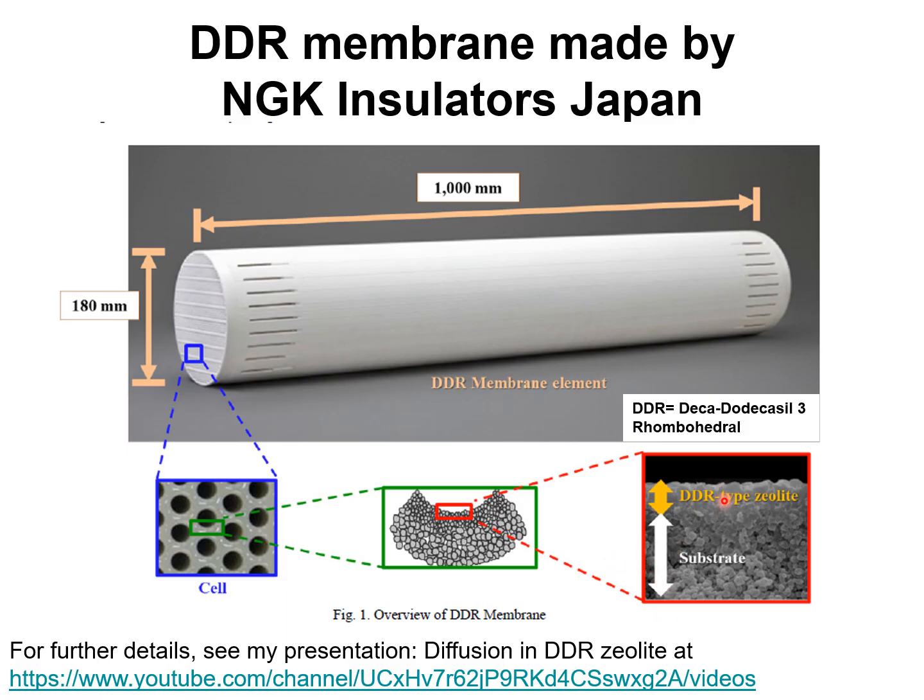The DDR zeolite allows selective transport of nitrogen across the membrane, and such units can be used for nitrogen removal from natural gas, perhaps in conjunction with a PSA unit.